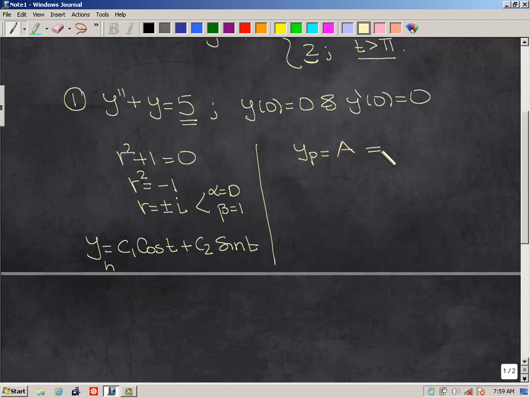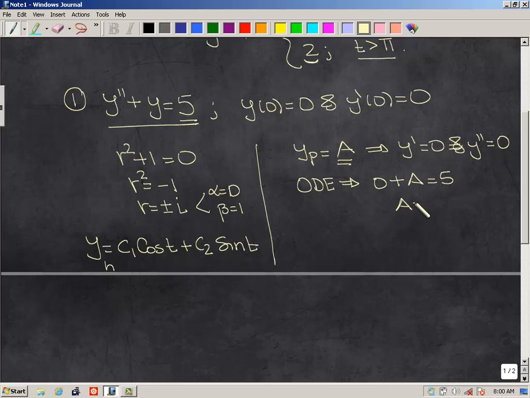You take your guess and plug it into your ODE. So y prime is going to be 0, the derivative of a constant is 0, and y double prime is also going to be 0. So if you plug it into the ODE, we get 0 plus A, because we're going to plug y sub p in there, is equal to 5.